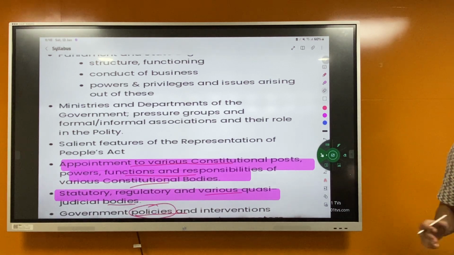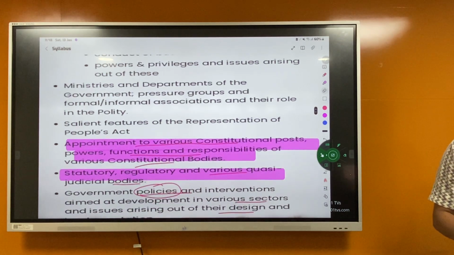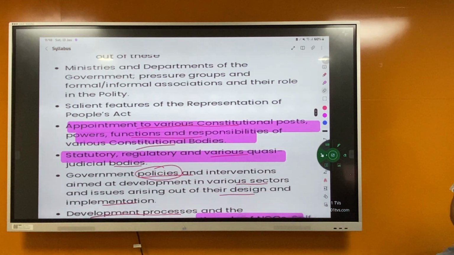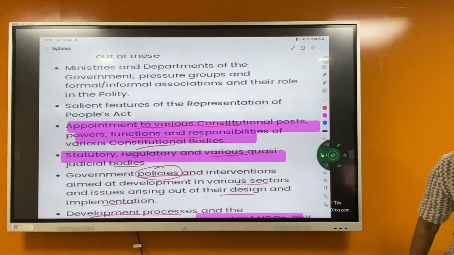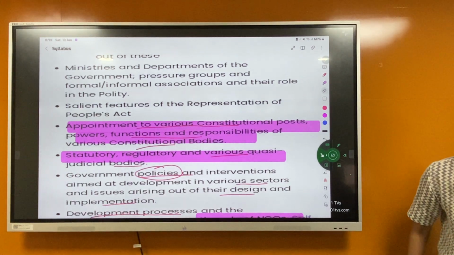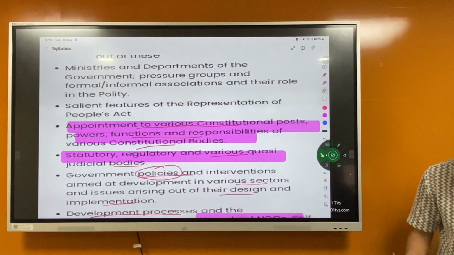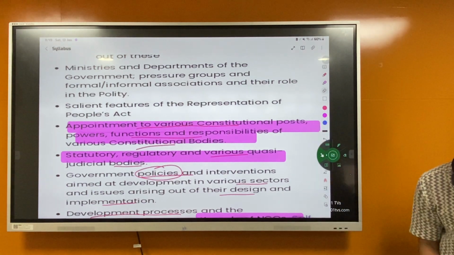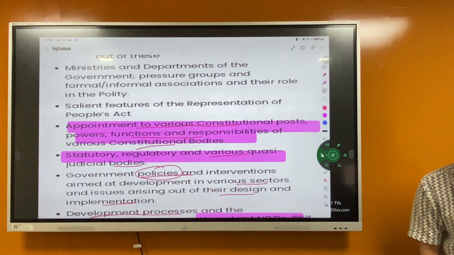So this is also very important. Next, salient features of RPA. Did we read about RPA yesterday? Representation of People's Act in the disqualification.